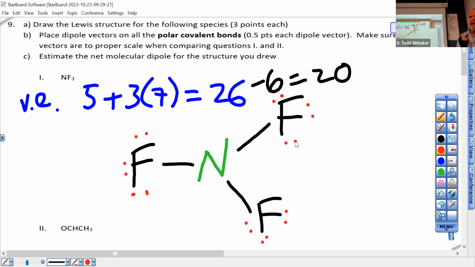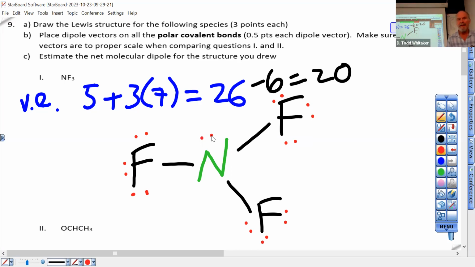Don't put a double bond. You will now have an octet violation on fluorine. Do not even talk about double bonds until you have all of the electrons on your picture, all 20. You can't do anything else except give nitrogen a lone pair because there's no more room.